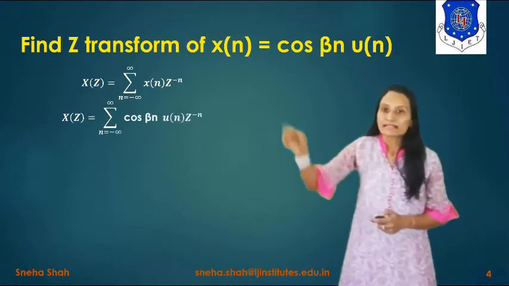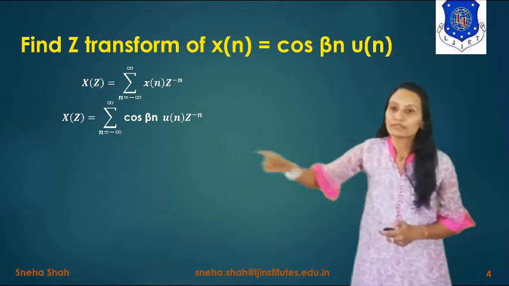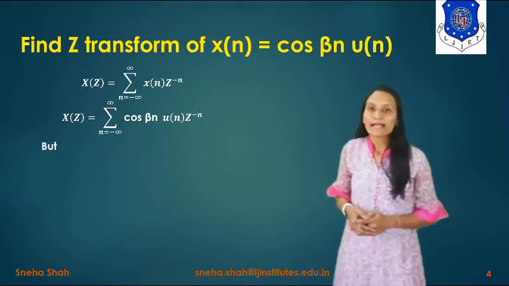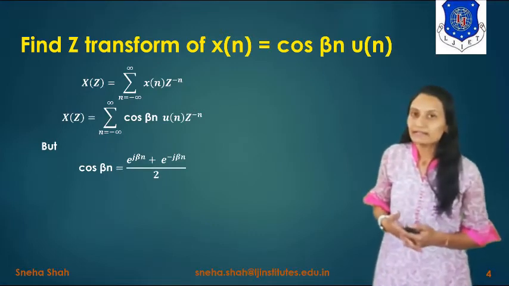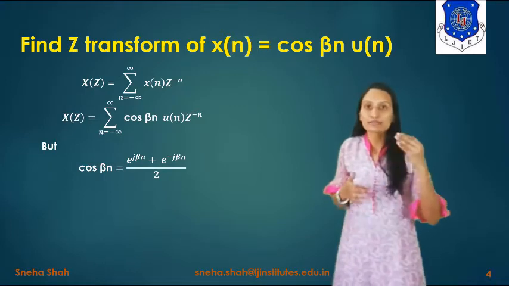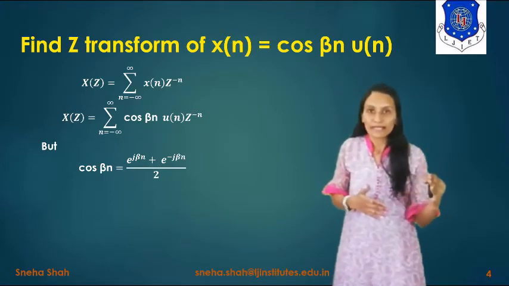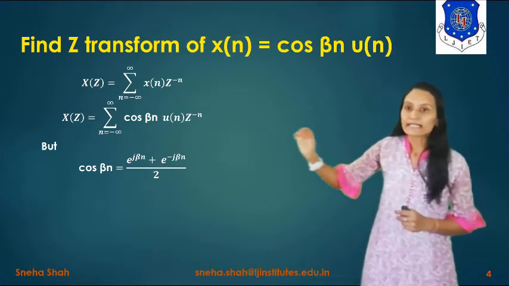Now in this, instead of x of n, we will put the value of it, equals cos beta n u of n. Now, what is the value of cos beta n? As you know, the value of cos theta equals e raised to j theta plus e raised to minus j theta divided by 2. So similarly, instead of theta, we will take beta n.